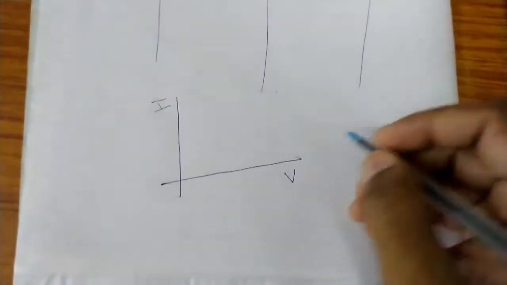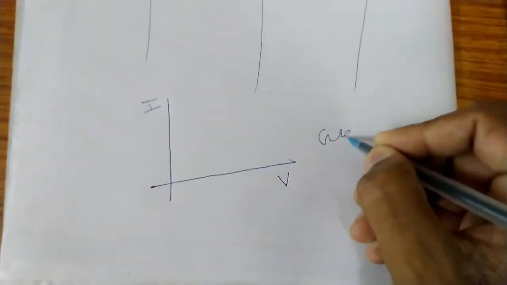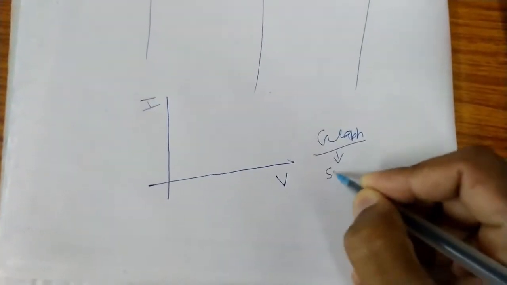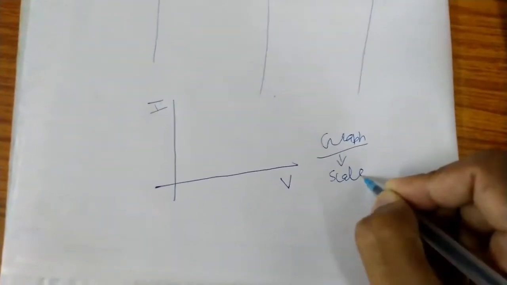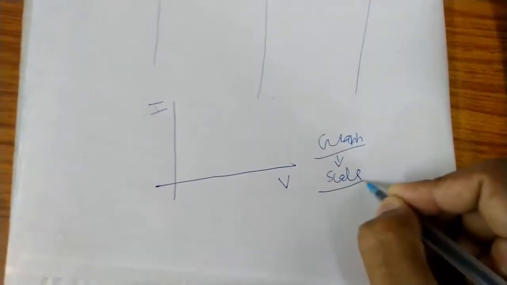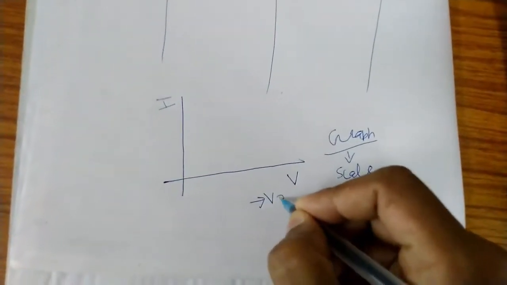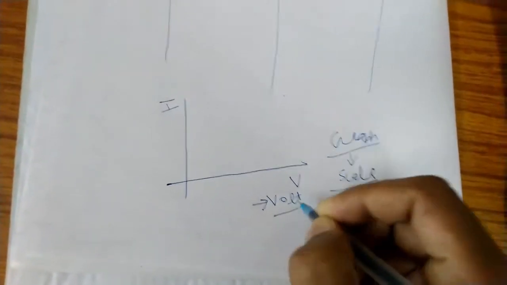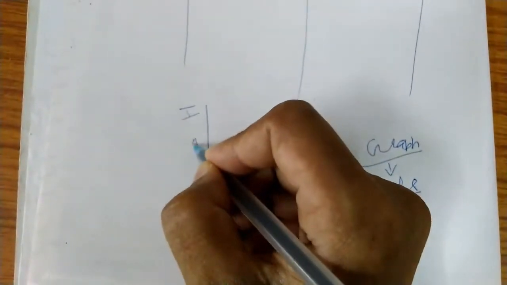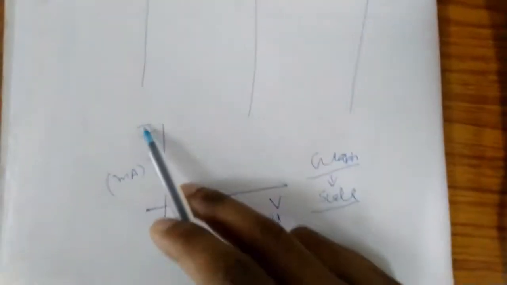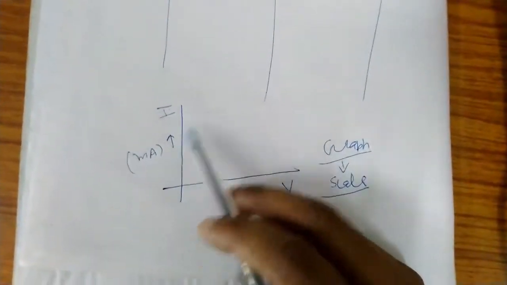In the graph paper, you have to be very careful about the scale, since at this axis the scale will be in terms of volt, and at this axis the scale will be in terms of milliampere, or you can also measure the current in microampere.